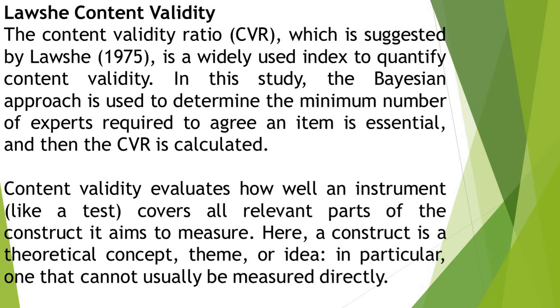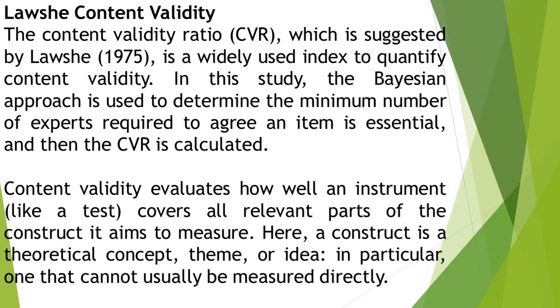questionnaires. Lawshe's content validity. The content validity ratio, or CVR, suggested by Lawshe in 1975, is a widely used index to quantify content validity. In this study, the Bayesian approach is used to determine the minimum number of experts required to agree an item is essential, and then the CVR is calculated.